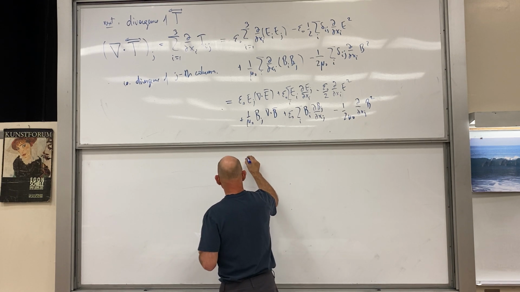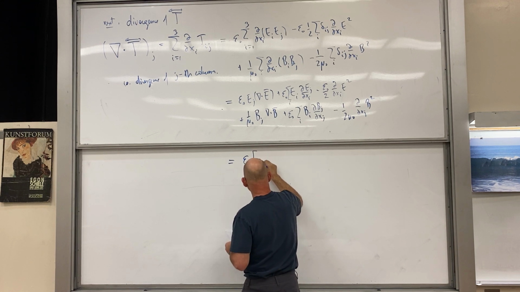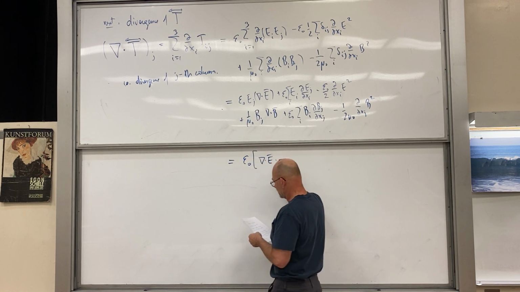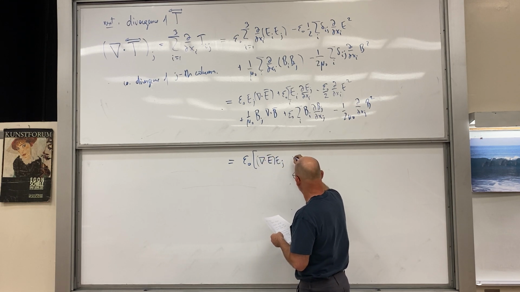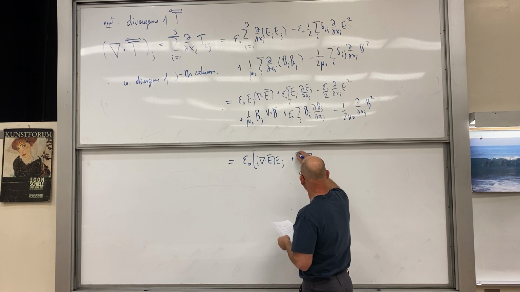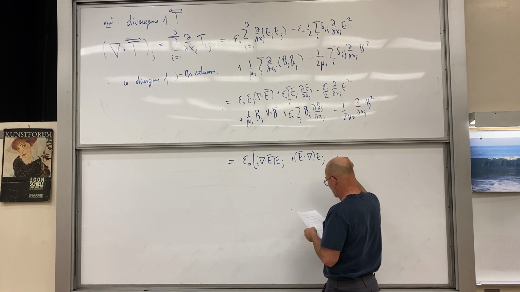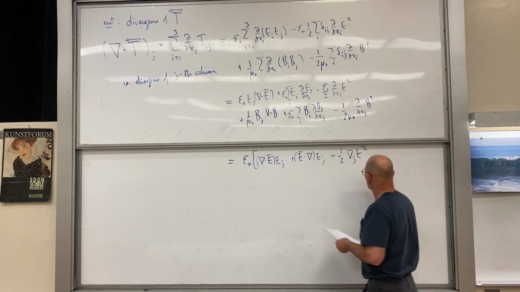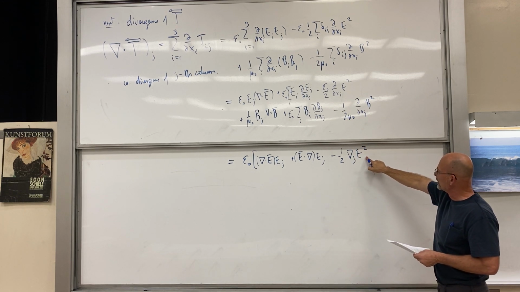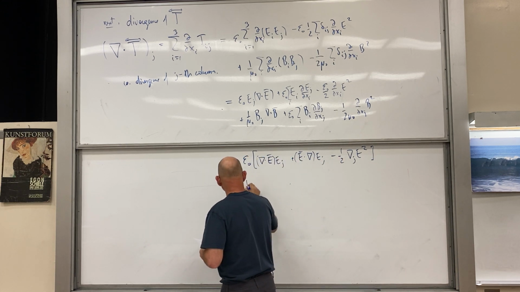Equals epsilon naught div E_j, we have that, plus E dot grad E_j minus 1/2 jth gradient of E squared, and 1 over mu naught.